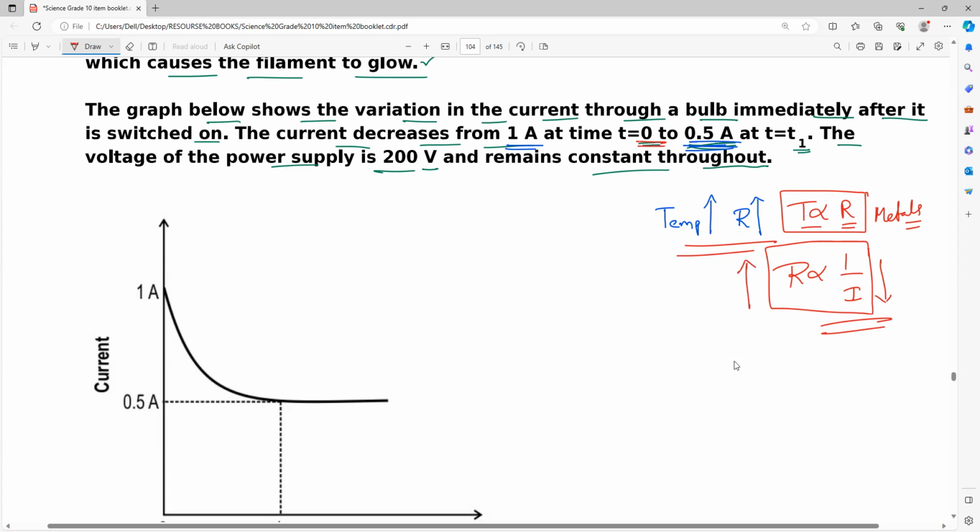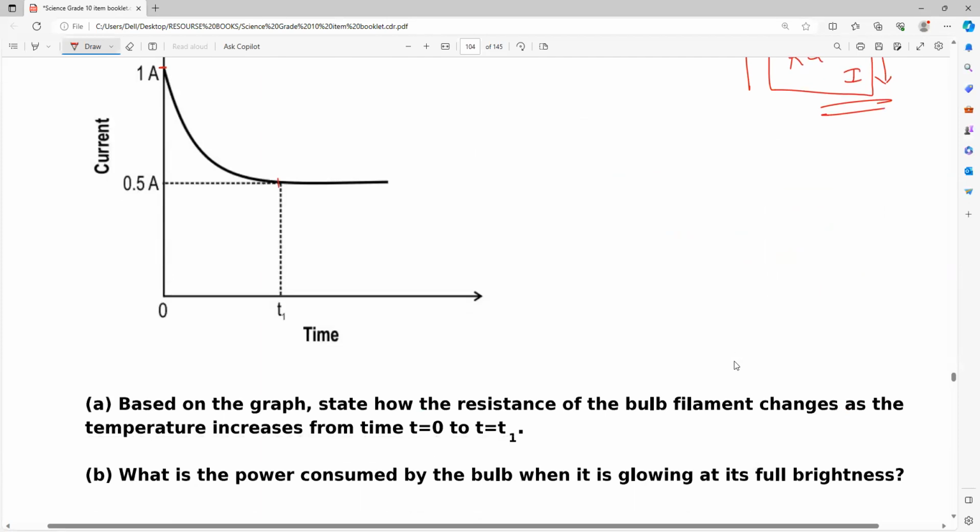When t = 0, as soon as you press the switch, the current across the bulb is 1 ampere. After a certain time period t1, the current becomes 0.5 ampere, and then there is no change in that. You can see it is constant.